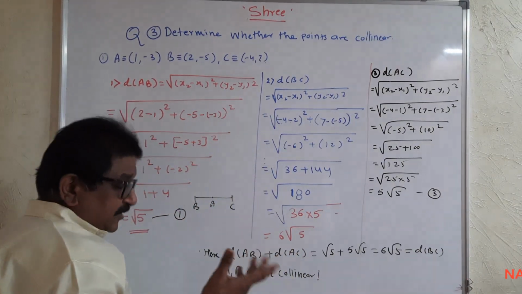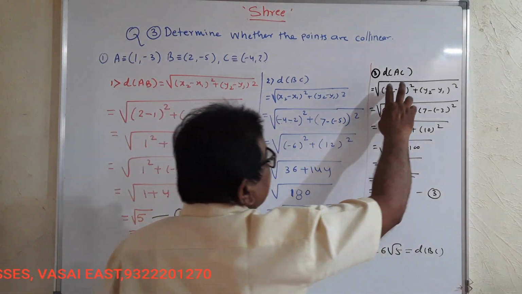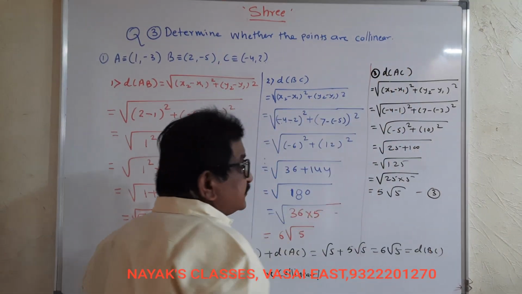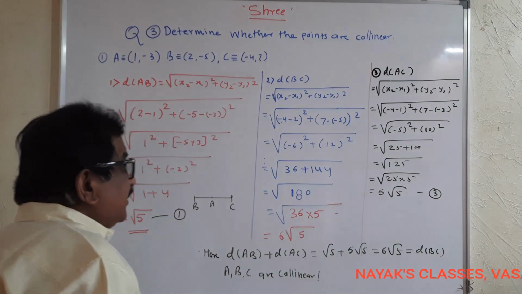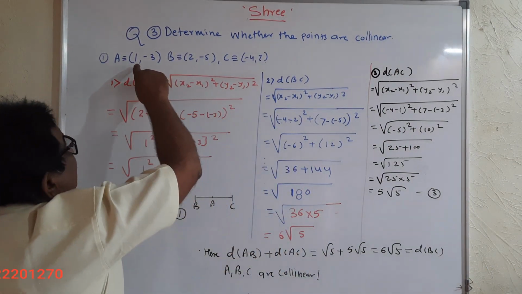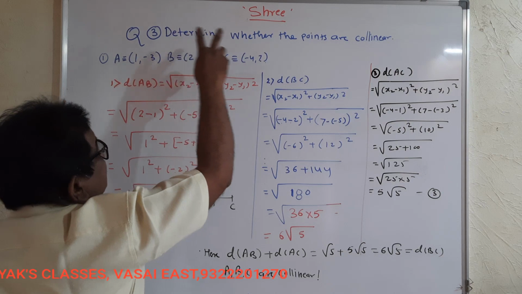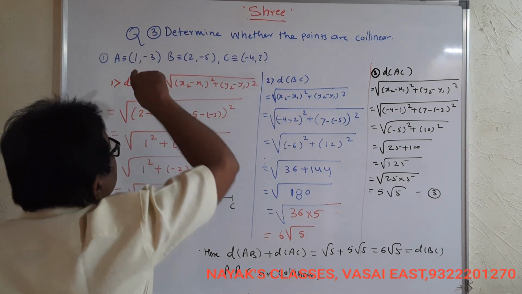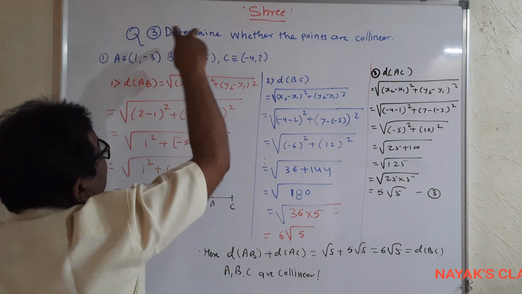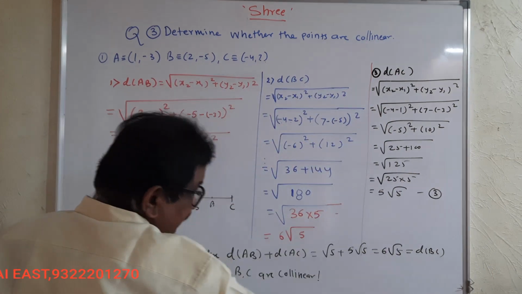Now we come to distance AC. A will be x1 y1 and C will be x2 y2.